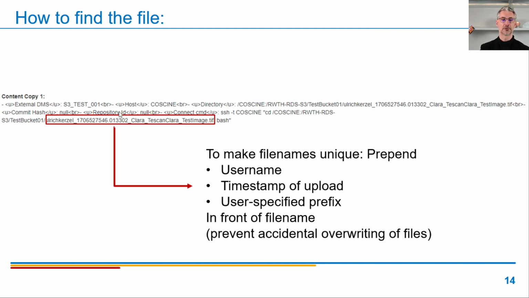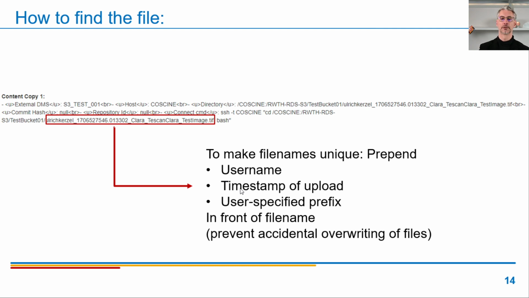It will also automatically add a timestamp that helps you, if anything should go wrong, to identify when this file was uploaded. And I also prepend your username, so if multiple people write to this S3 bucket, we can at least trace down who uploaded this file, when, and what it was about.